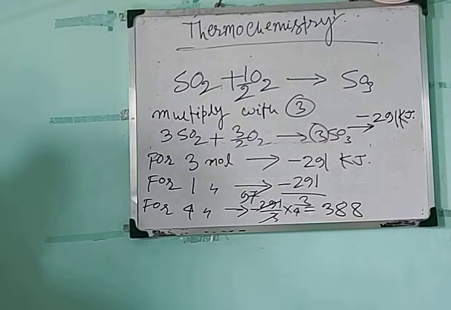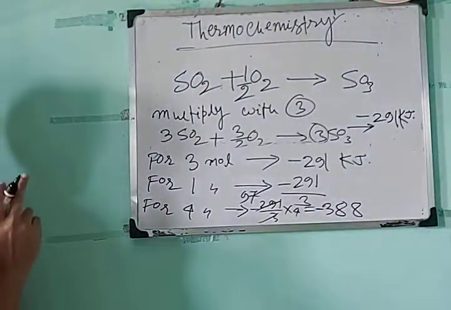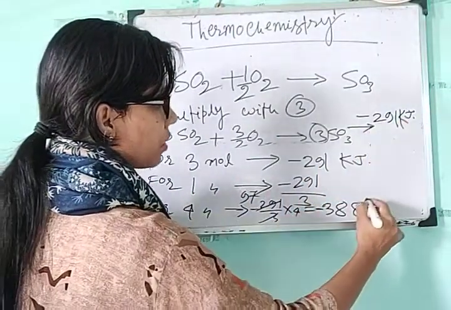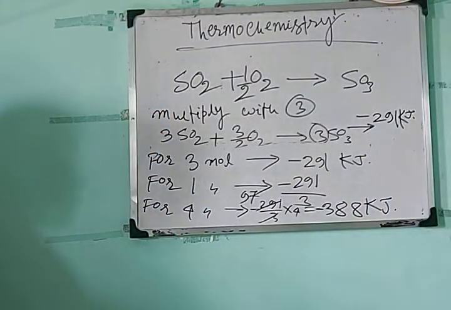Okay, so it's minus 388. Obviously you have to put the minus sign here, minus 388, and the unit will be the same, that means kilojoule. Okay, so this is the process or application of writing a thermochemical equation, the process of writing for enthalpy, either exothermic reaction or endothermic reaction.